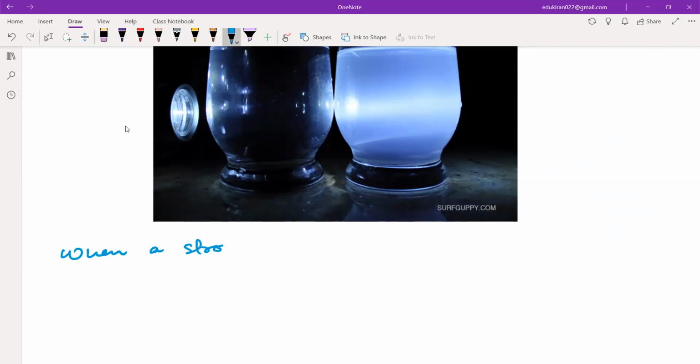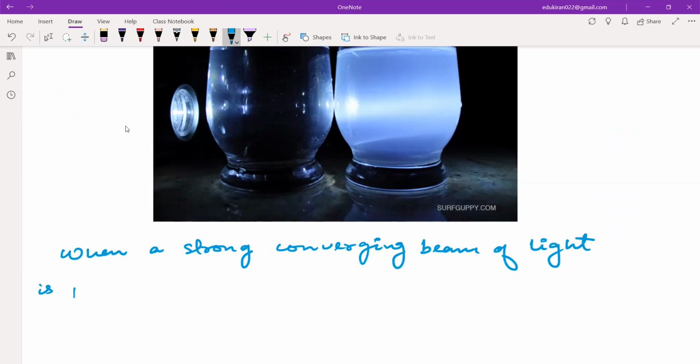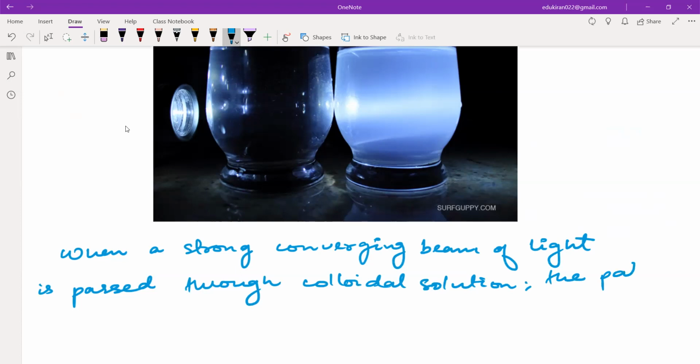When a strong converging beam of light is passed through a colloidal solution, the path of the beam, what happens?